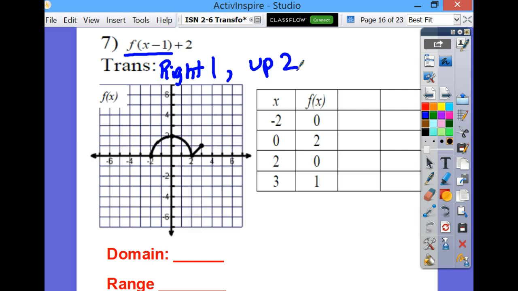No, that's all. And so we are going to move this right 1 and up 2. Right 1 and up 2. And you will have this semicircle and then this little line segment.